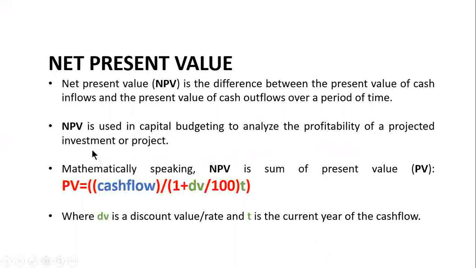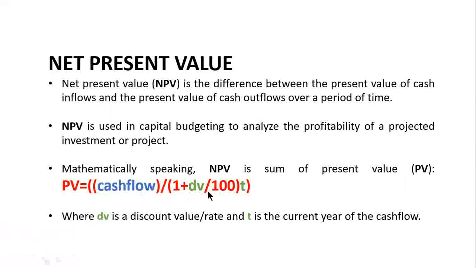Mathematically speaking, NPV is a sum of the present values, PV. As you can see from here, PV is equal to cash flow over (1 plus discount rate) to the power of t.